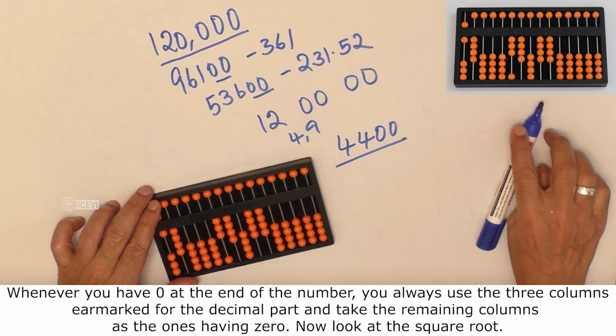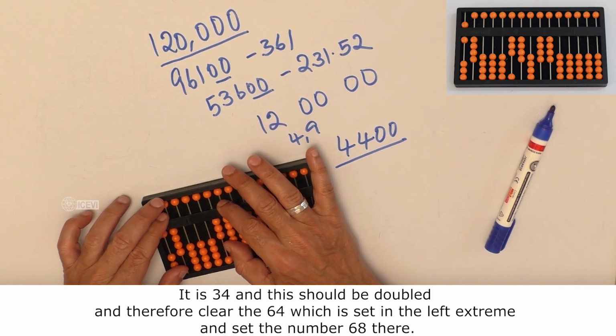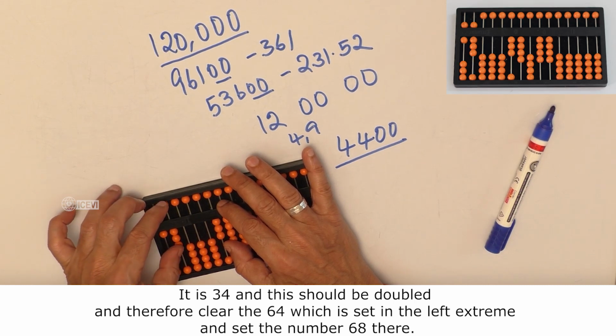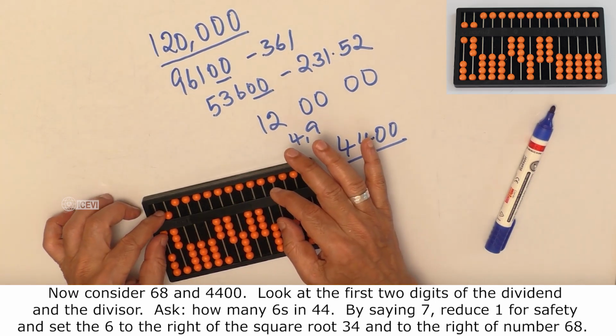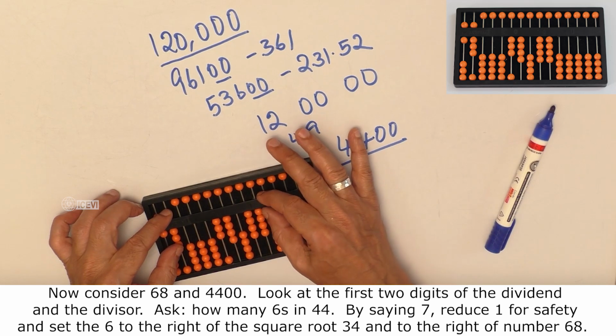Now look at the square root. It is 34. Now this should be doubled, and therefore clear 64, and in that place you have to set the 68. Now consider 68 and 4400.